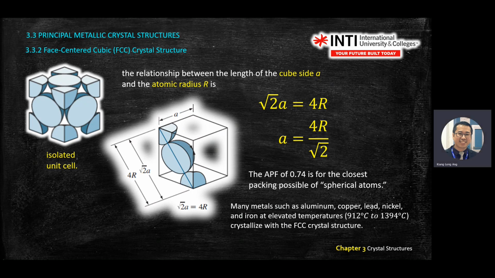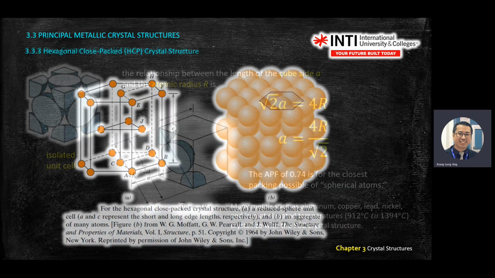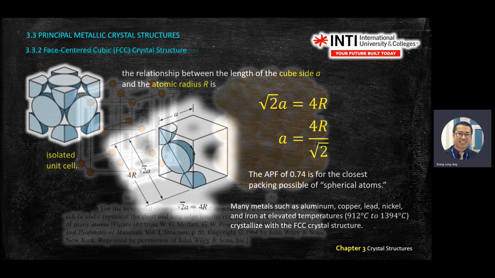When you study chapter 3, you should be able to give at least 3 examples for each type of crystal structure. So memorize 3 types of metals that fall into BCC. Now we study FCC, study about the types, memorize that one. Or sometimes you can see in the table.